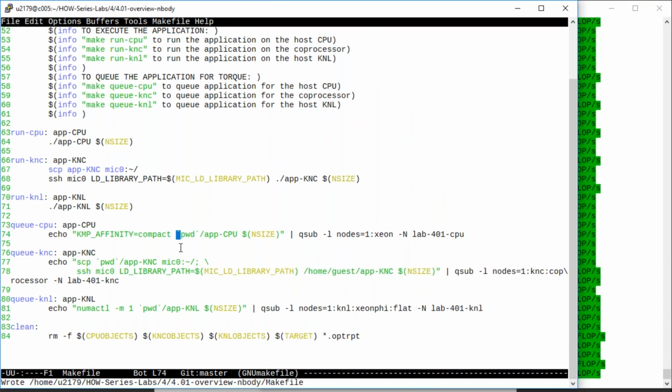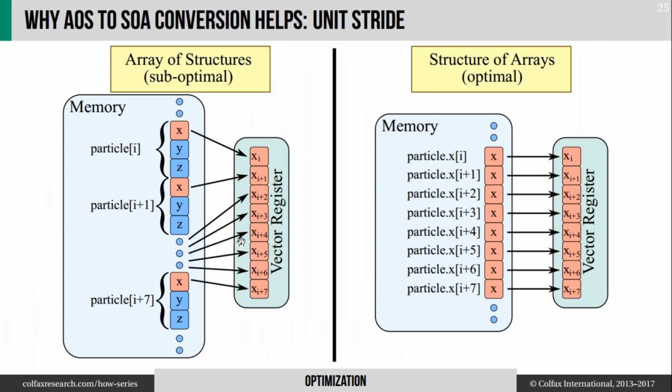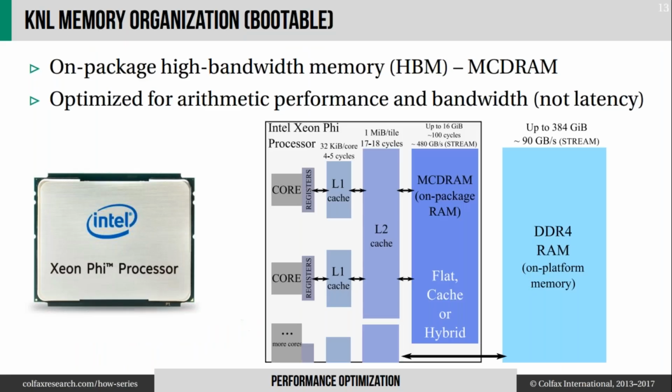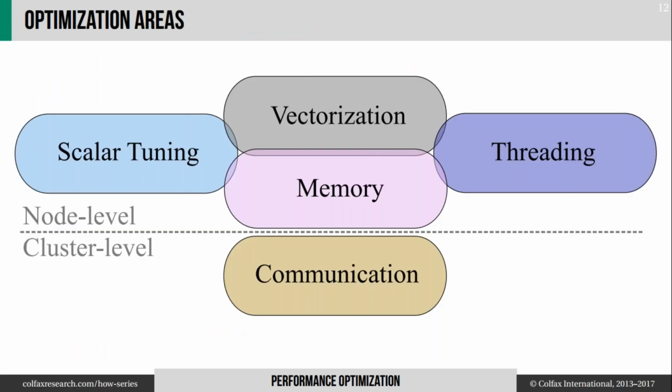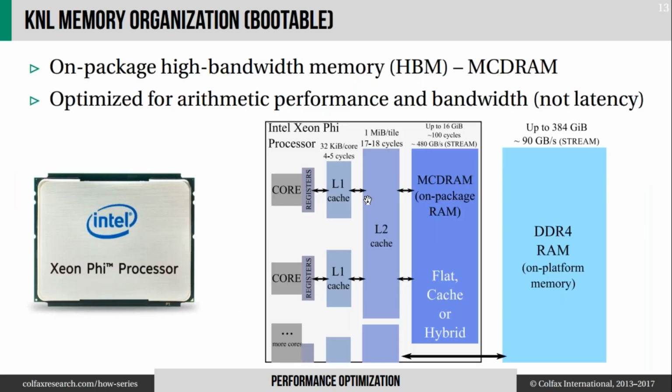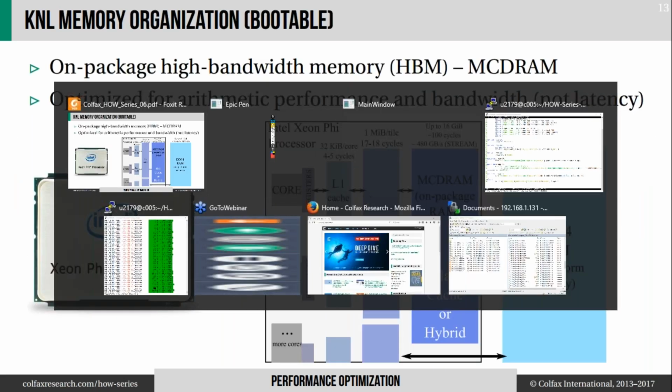The vectorization report is clean. And the last optimization area that we have not addressed yet, on the node level at least, is memory tuning. So where do we go with memory tuning? We can get some hints from the vectorization, from the optimization report.